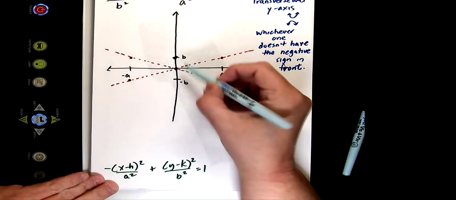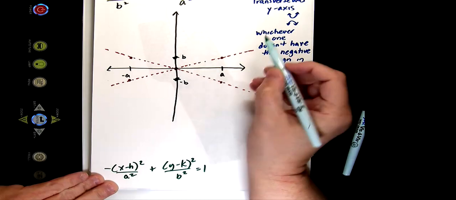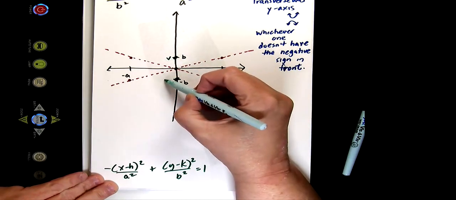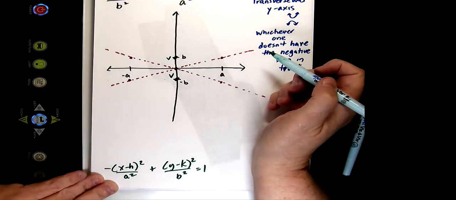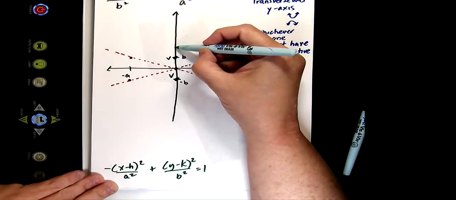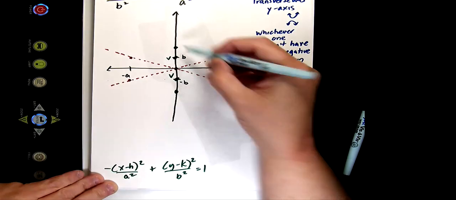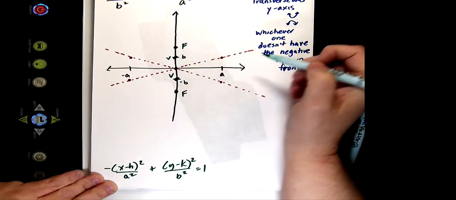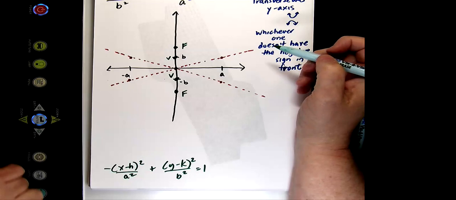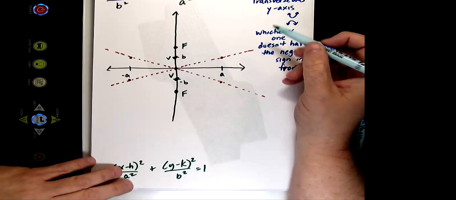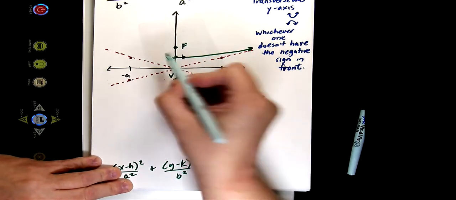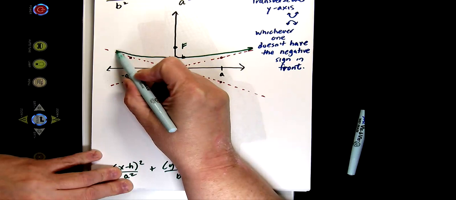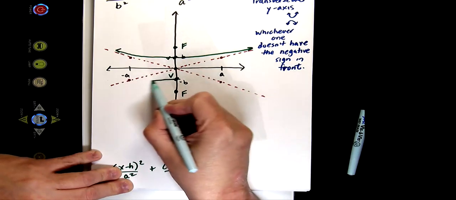Here, my vertices are at these locations. My C will be somewhere along that axis. My foci will be somewhere out there. And now this goes asymptotically towards those two. So the way I did it, this is a very wide and flat looking hyperbola.